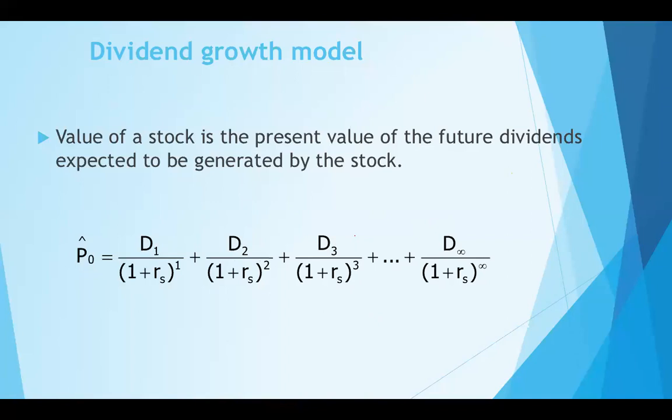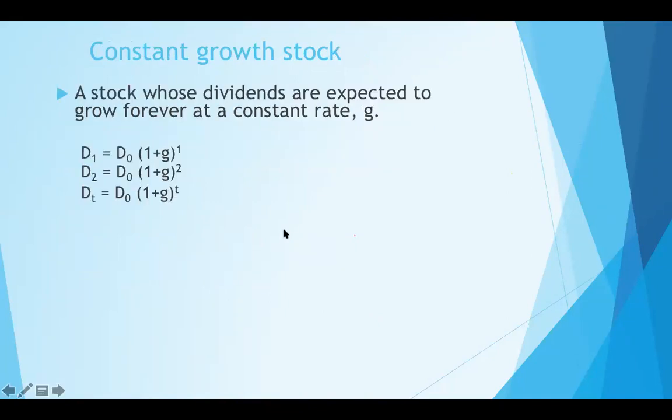Okay. Right. You know that companies pay dividends, but because of the inflation and the other dynamics, the dividends are not the same as last year's dividends. It's increasing day by day, at least because of the inflation, right? So we assume that we have a constant growth rate.